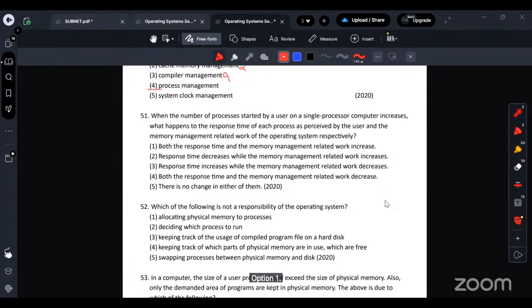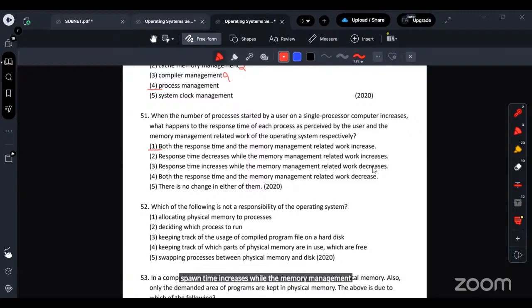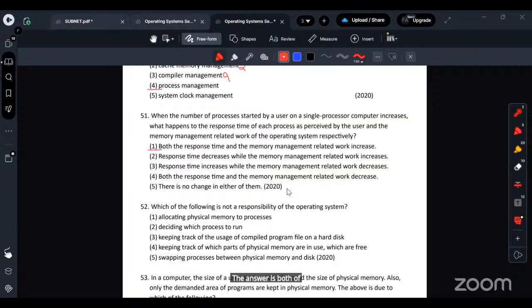Both the response time and the memory management related work increase. Yes, both increase. Response time decreases? No, the response time doesn't decrease. It increases in fact. So that is wrong. Both the response time and memory management related work decrease. That is also false. There is no change in either of them. That is also false. So the answer is both of them increase.